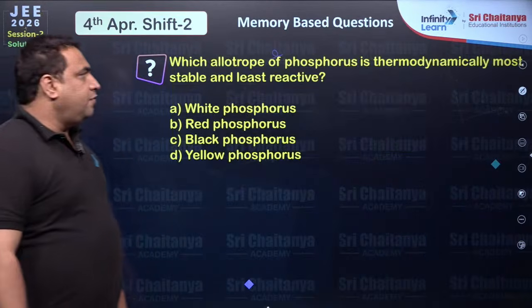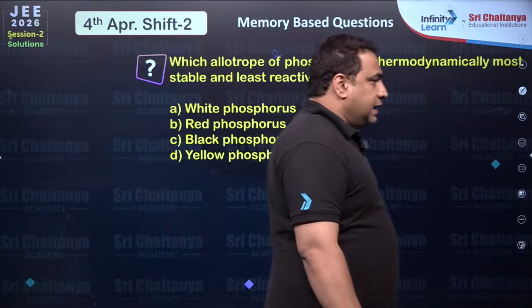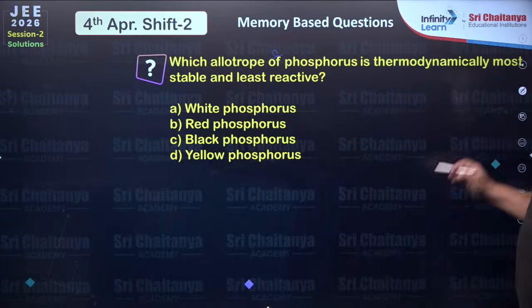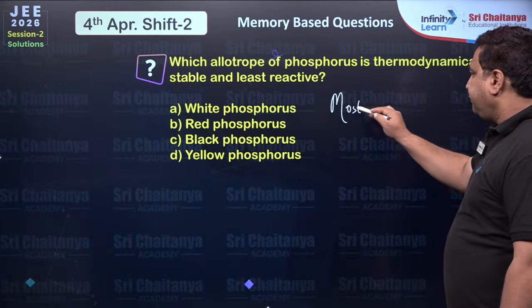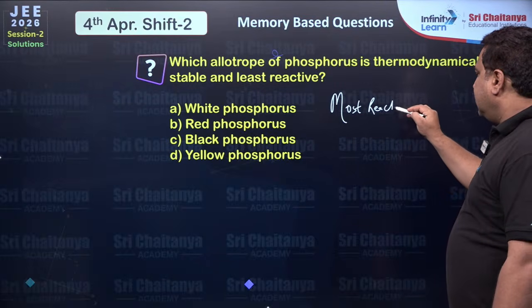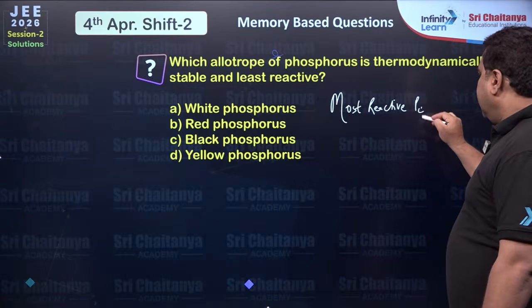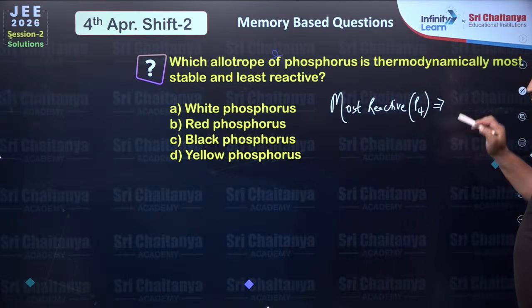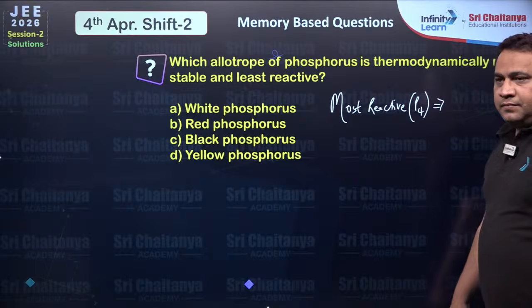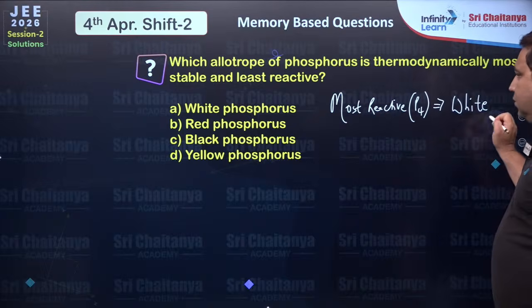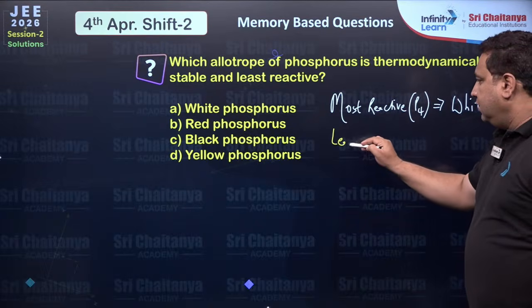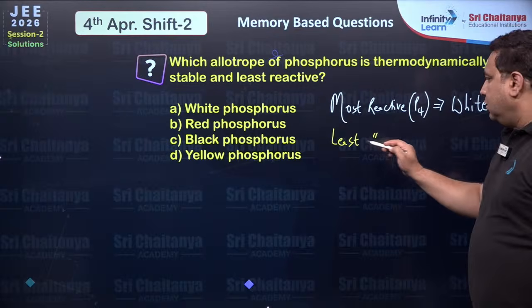Next, which allotrope of phosphorus is thermodynamically most stable and least reactive? So which is most reactive? Everyone tell me. Most reactive form of P4 is which phosphorus? White. And which phosphorus is least reactive?